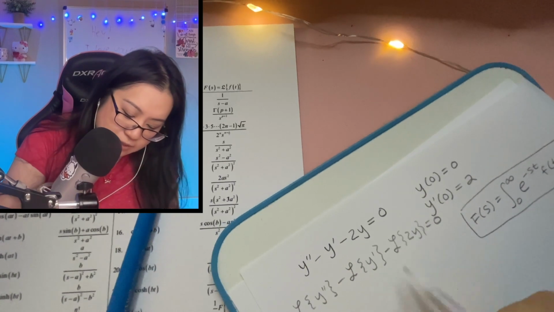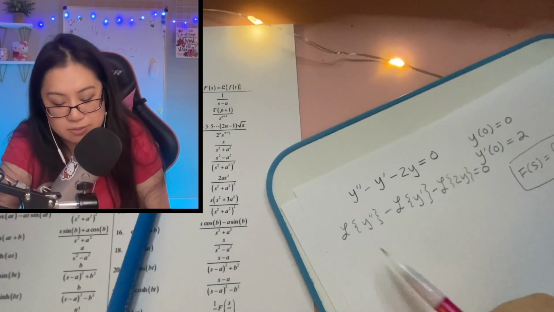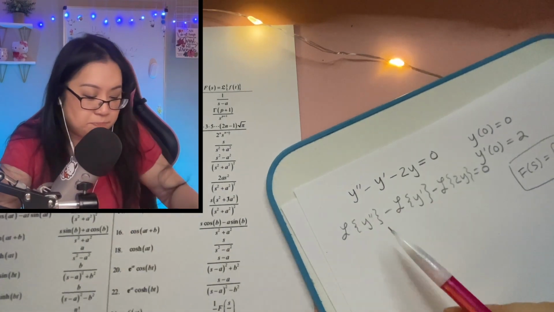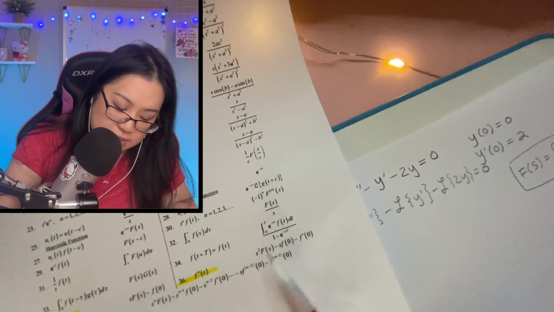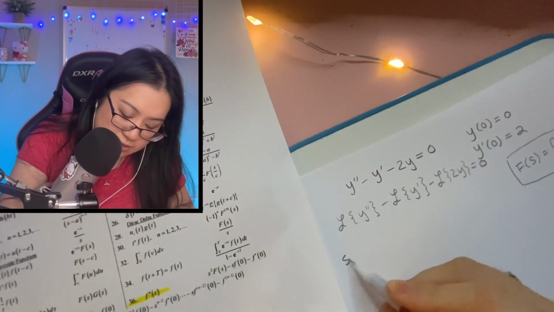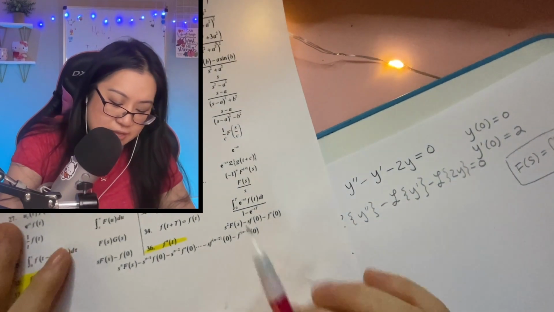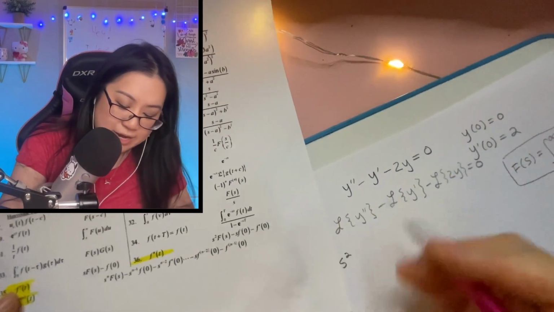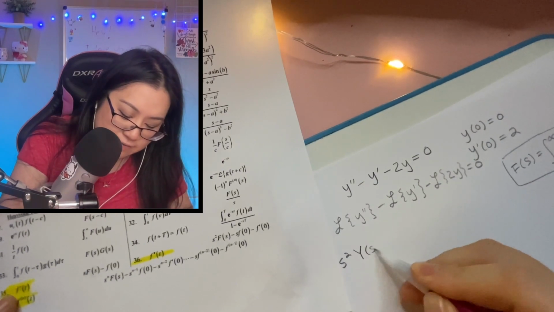So what that means is we're just going to do this piece by piece. So the Laplace of y prime prime is from this s squared, and this table says f of s, but I'm just going to do y since our function is y here. So we're going to do y of s.